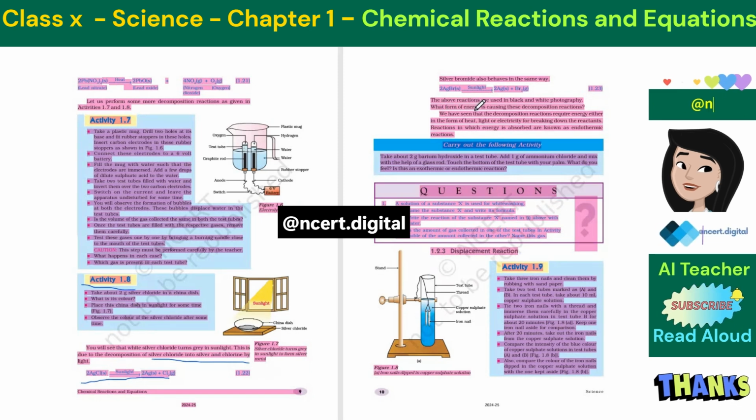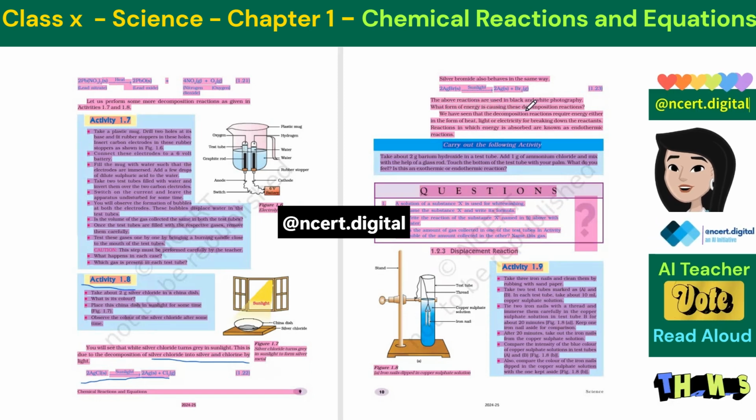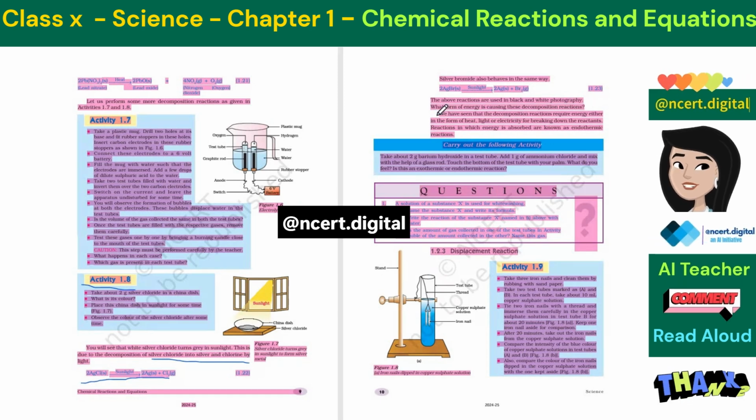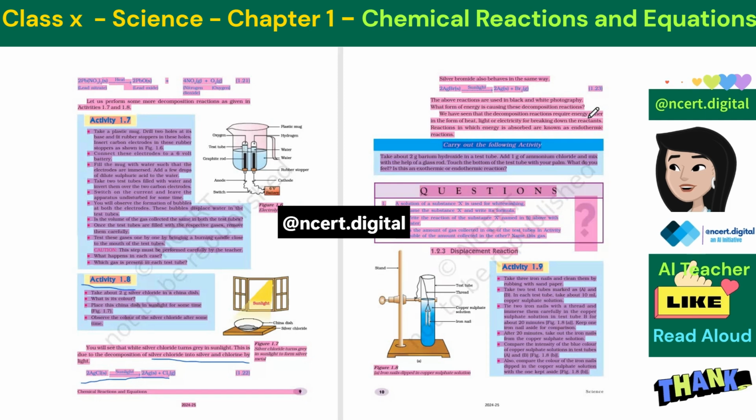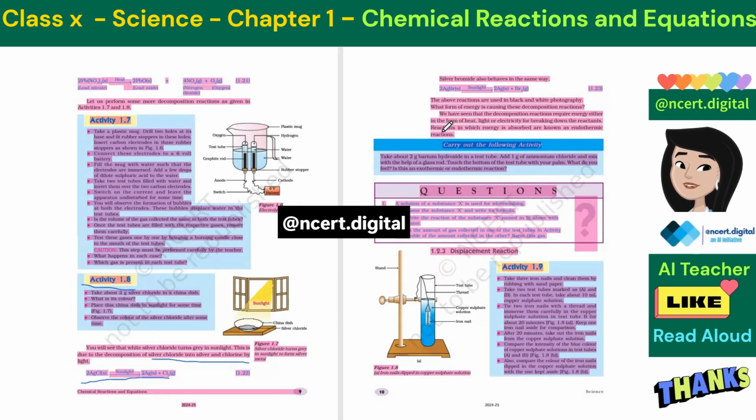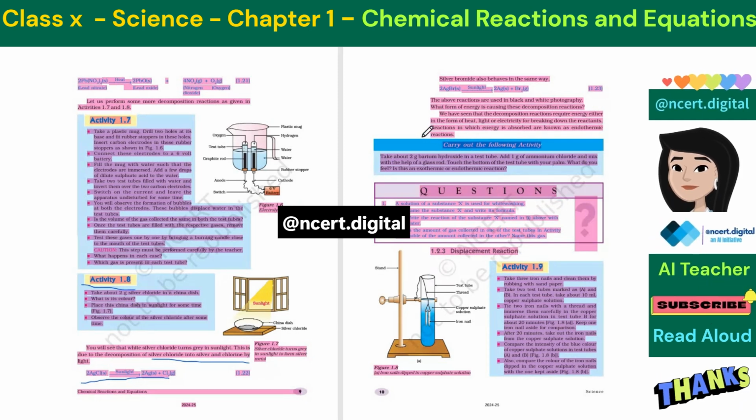What form of energy is causing these decomposition reactions? We have seen that the decomposition reactions require energy either in the form of heat, light, or electricity for breaking down the reactants. Reactions in which energy is absorbed are known as endothermic reactions.